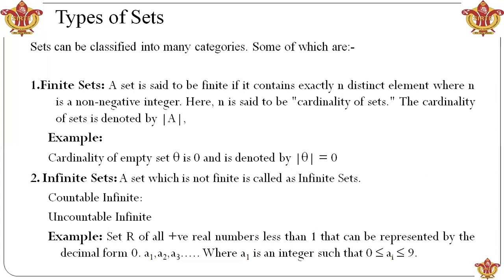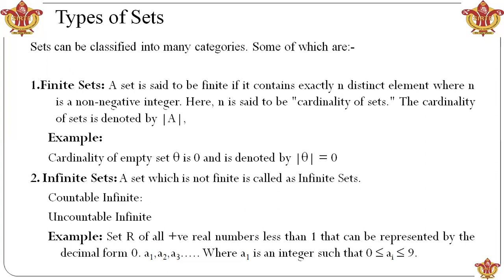In other words, a set which is not countable is known as an uncountable set. The set of non-negative even integers is a countable infinite set. An uncountable set is one which is not countable.